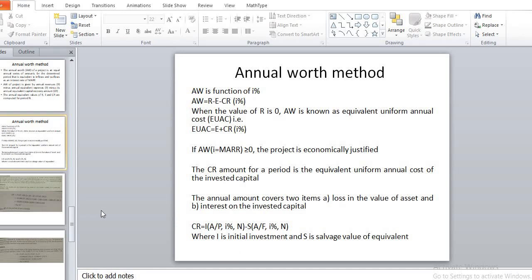We can calculate these factors with the formulas given in the table. So capital recovery accounts for the loss in asset value and the interest on the invested capital.